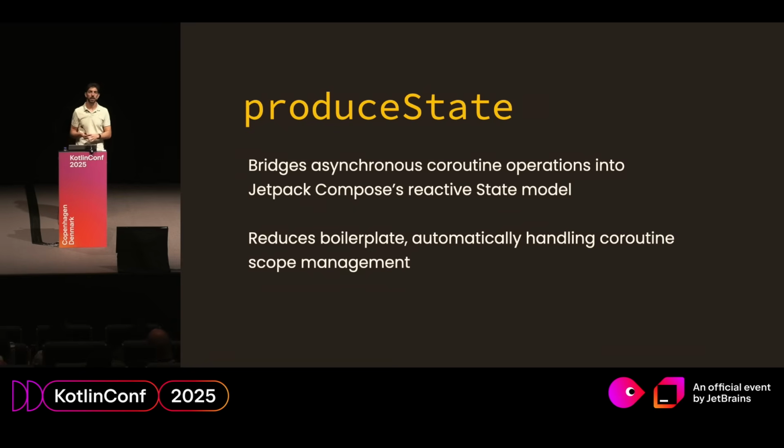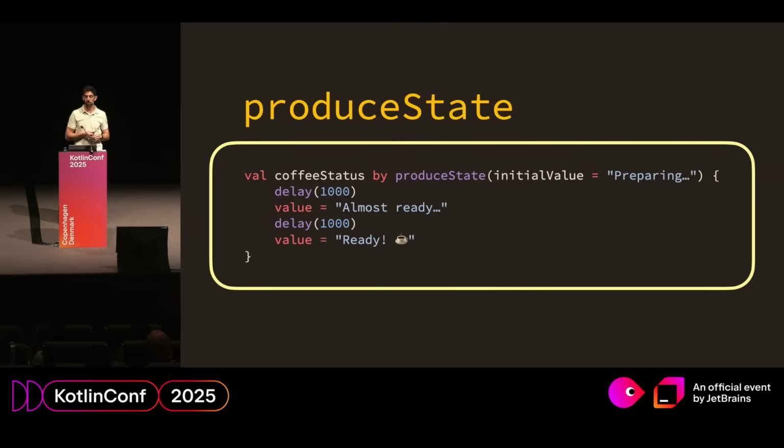It's going to automatically create a coroutine in the scope of the composition, and it's going to simplify a few things for us. How this API works is that when you call produceState, you're going to be in the context of a coroutine, and every time that you set a new value, it's going to cause that recomposition that we are expecting.